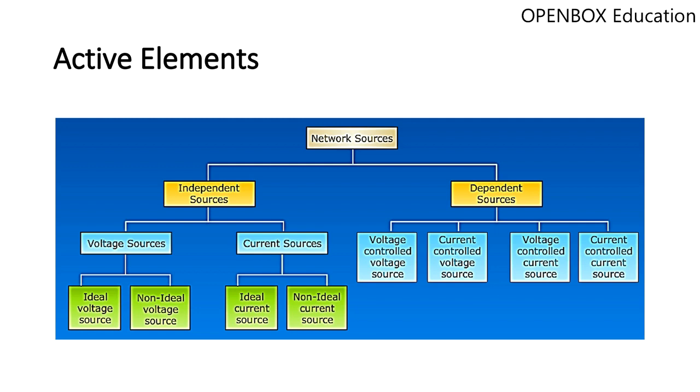Similarly, current sources are of two types, namely ideal current source and non-ideal current source. Dependent sources are classified into four types, namely voltage-controlled voltage source, current-controlled voltage source, voltage-controlled current source, and current-controlled current source. A detailed description of each type is given in the preceding slides.